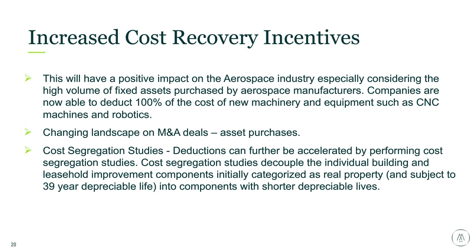They break it out into components with much shorter depreciable lives, thus allowing you to accelerate the deductibility of those items. This tends to be a very beneficial incentive for aerospace companies due to the fact that the manufacturing operations generally require large, expensive buildings and facilities.